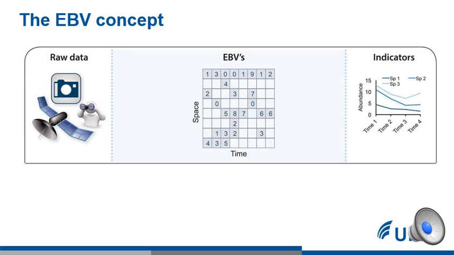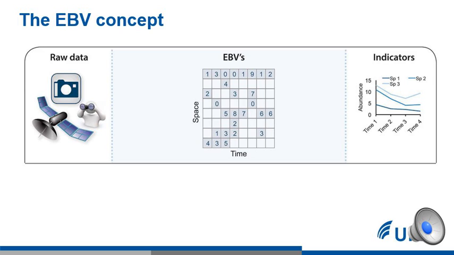So we have very much to the left side the raw data, and what we're used to is very much to the right side. These are indicators. Indicators are very popular with policy because that's something they can understand with the limited knowledge they have about biodiversity.